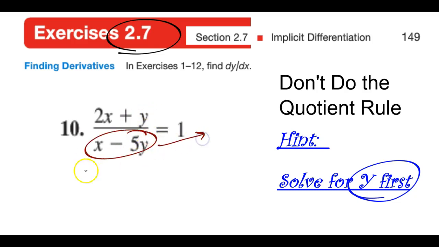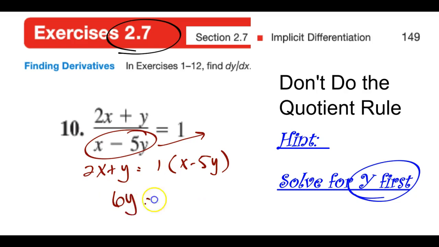So I'm going to multiply both sides, and before I ever take the derivative, I'm just going to show you. Sometimes it's easier just to play around with this. So let's see, let's add 5y to both sides. So I think this is 6y. I'll subtract off 2x, so 1 minus 2x.